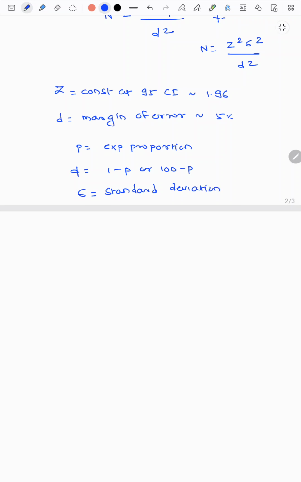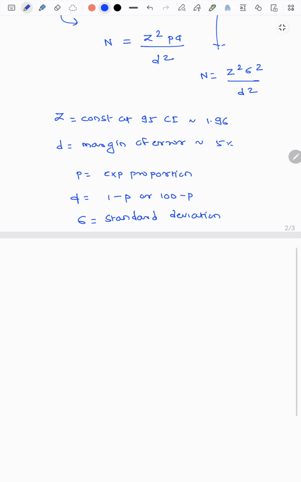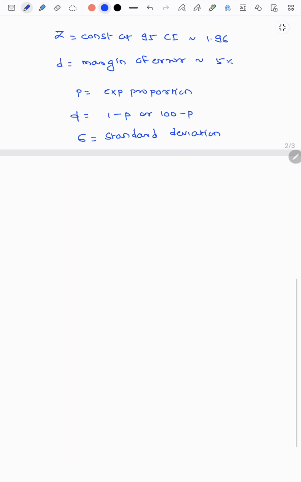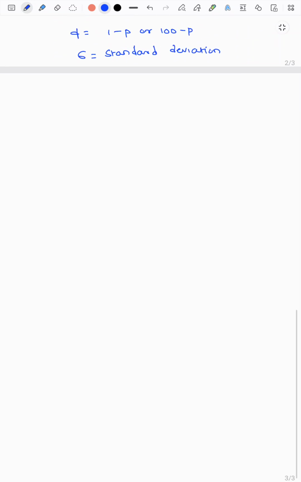And mind you, we get all this P and sigma from existing literature, or the thorough literature search which we have done. So now let's understand with a simple example. Let's say I had P of 30%. So Q becomes 100 minus P, which is 70.